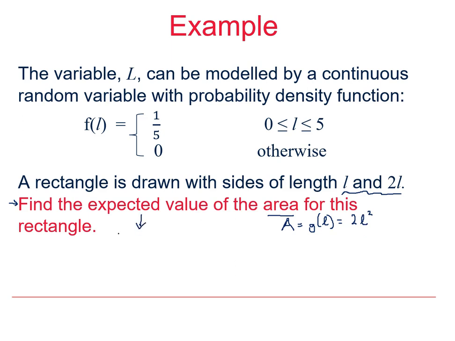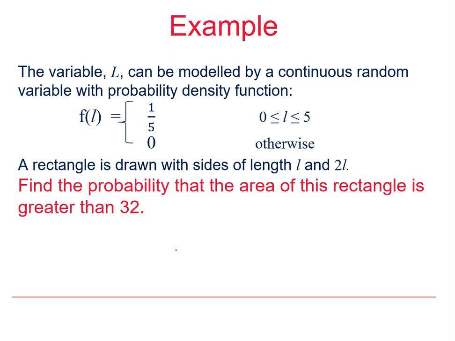We want to find the expected value of 2L squared, and that we can very simply do as g of L is 2L squared. So we can simply integrate our function multiplied by the probability density function f of L dl, and we integrate between the limits 0 and 5, and you should be able to just check that that will give you the result 50 over 3 for the expected value of the area for this triangle.